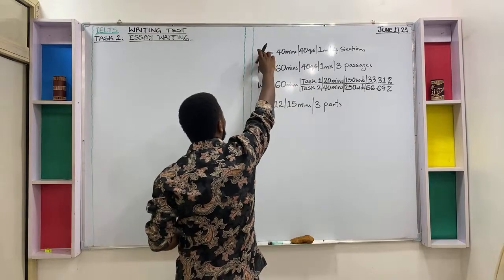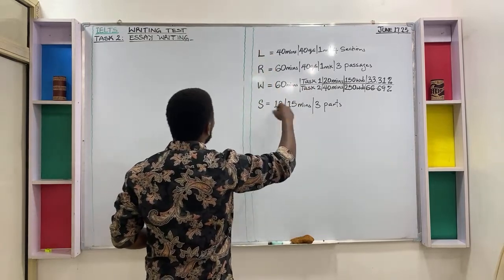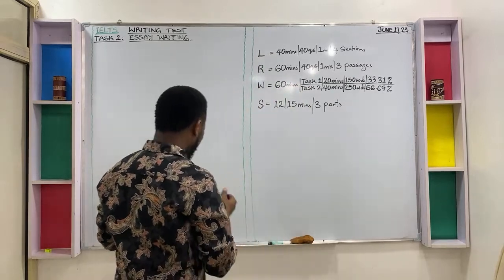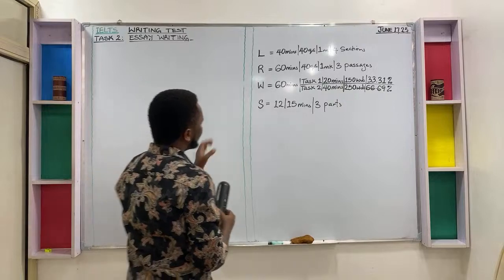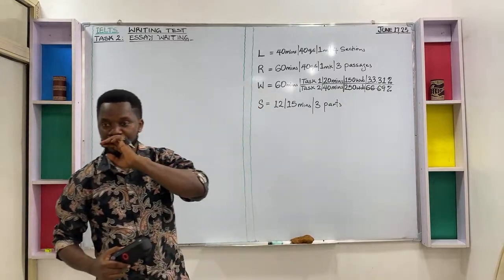Now, these three, the listening, reading, and writing tests, are taken alongside maybe 50 or 100 or 200 other test takers in a hall, whereas the speaking test is just between you and the examiner.